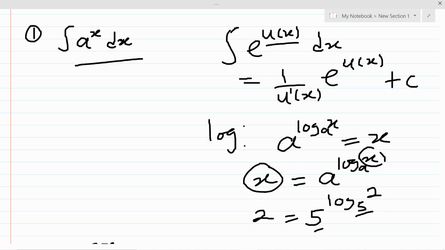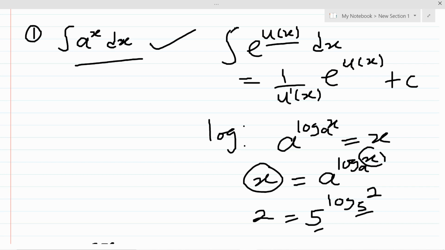Now how are we going to use this logarithm to create and destroy something? If I want to transform this question to the power of e, I should remember the natural logarithm ln, which is of base e.